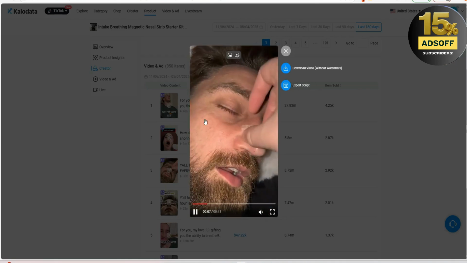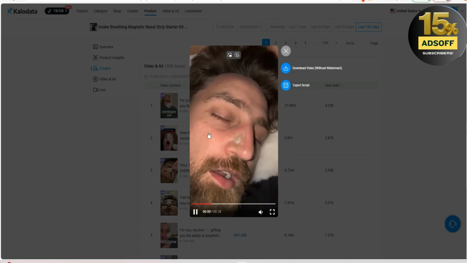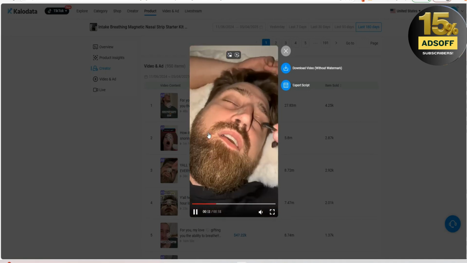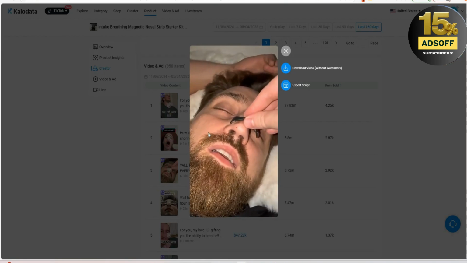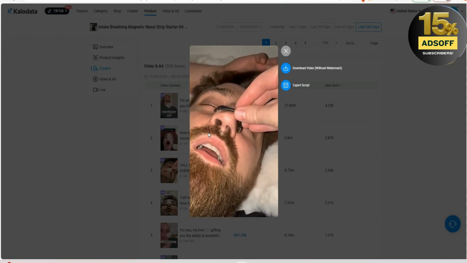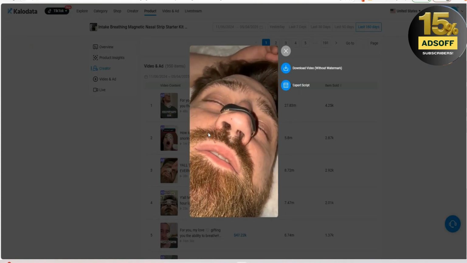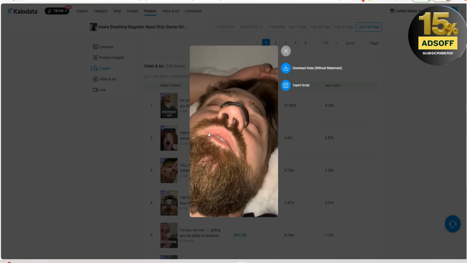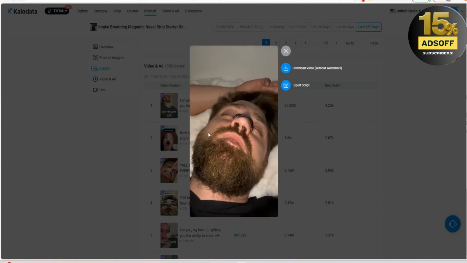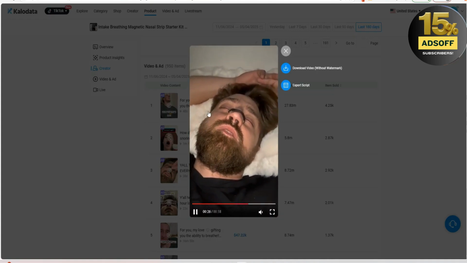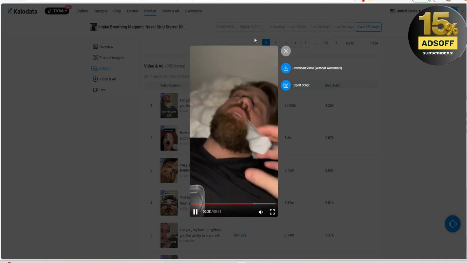It's also a problem-solving product, because the girlfriend could be staying up all night because her boyfriend is snoring loudly and she can't sleep. Or for people who have really bad breathing through their nose and don't want to be mouth breathers at night, because the jawline can get messed up and it's healthier to breathe through your nose. So this product is very good. This product has made a lot of money.